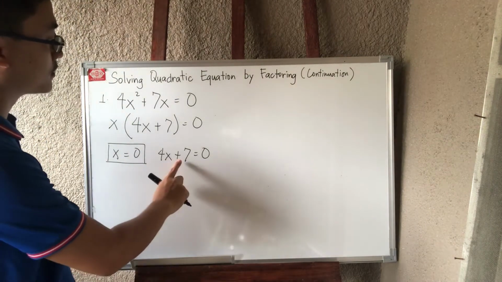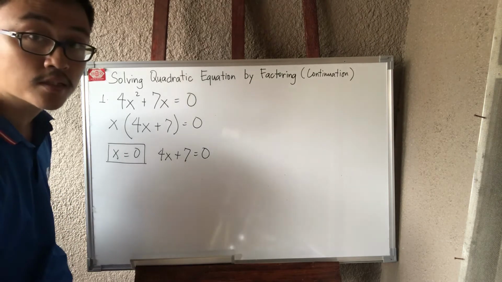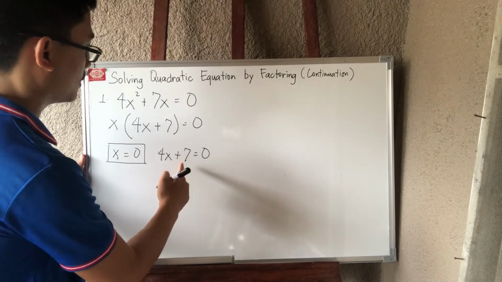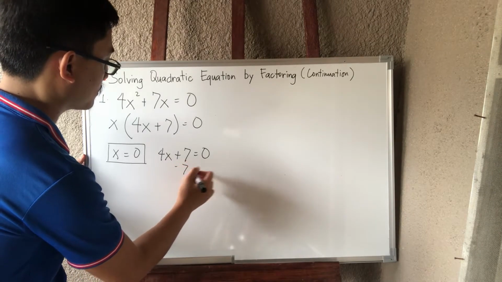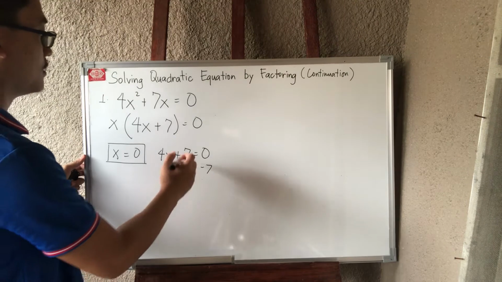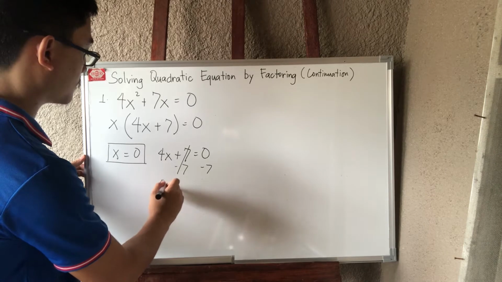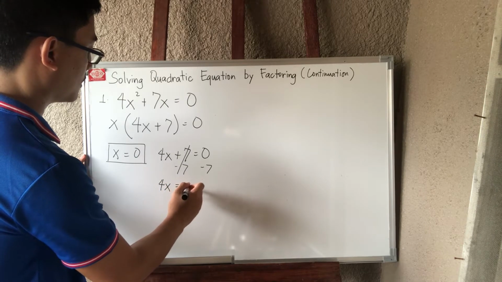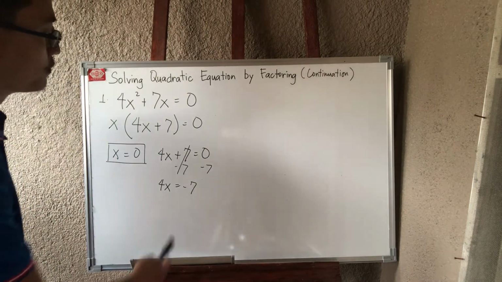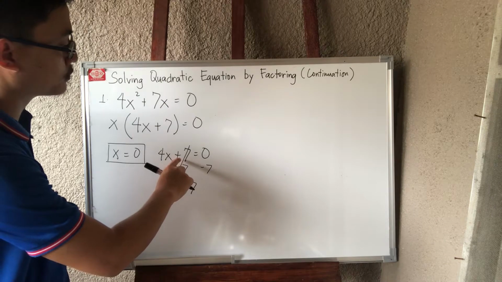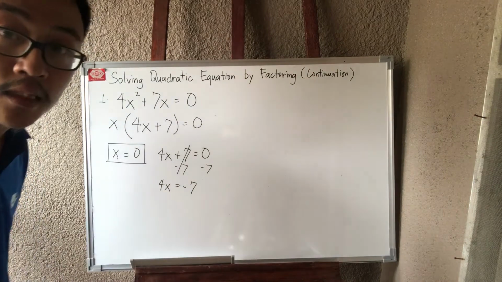And then here you have 4x plus 7 equals 0. What we will do is get the additive inverse of 7, which is negative 7. So we add negative 7 to both sides. Negative 7, negative 7. So it cancels out. What remains is 4x equals negative 7. Or in algebra, what we do is simply transpose positive 7 to the right side, so it becomes negative 7.